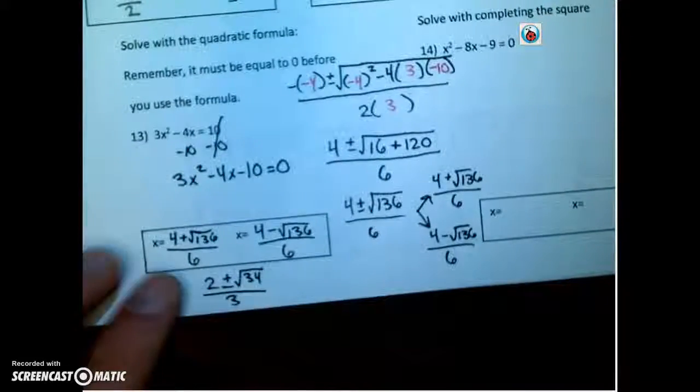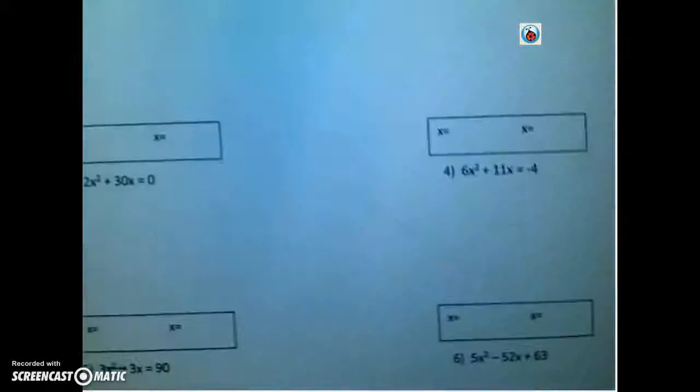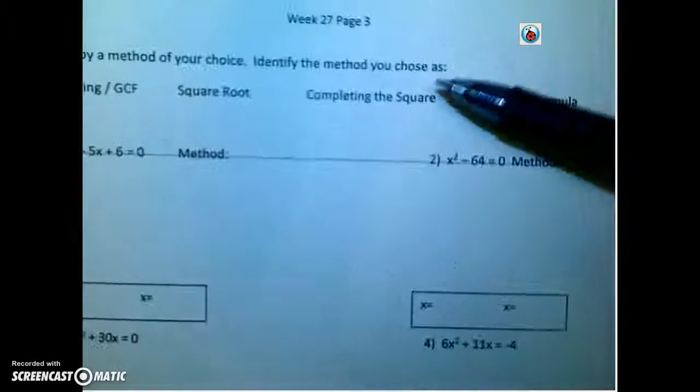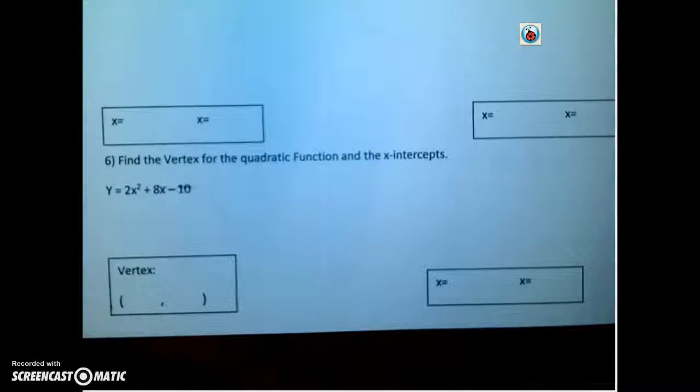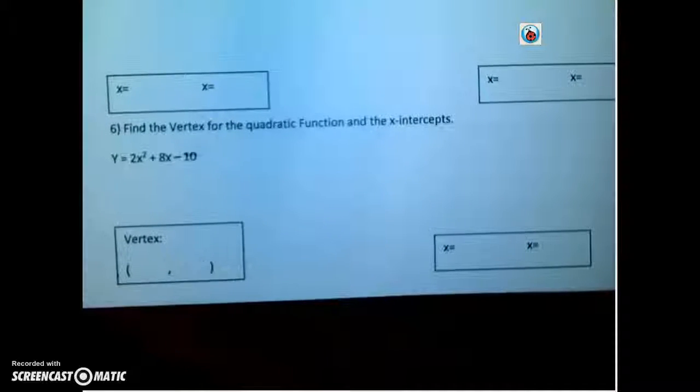So like on this last one here, since our answer had a square root, you don't always know that. Right? So maybe you want to try to factor it, then maybe you use, right, whatever method that you like. And to find the vertex and the x is going on here.